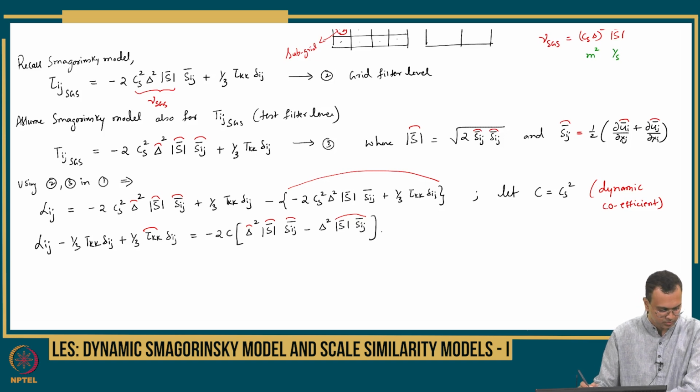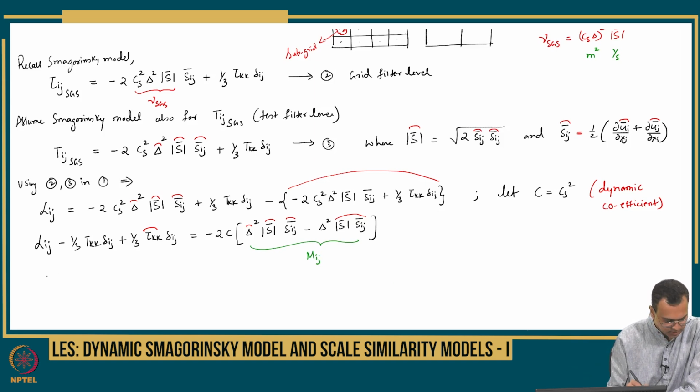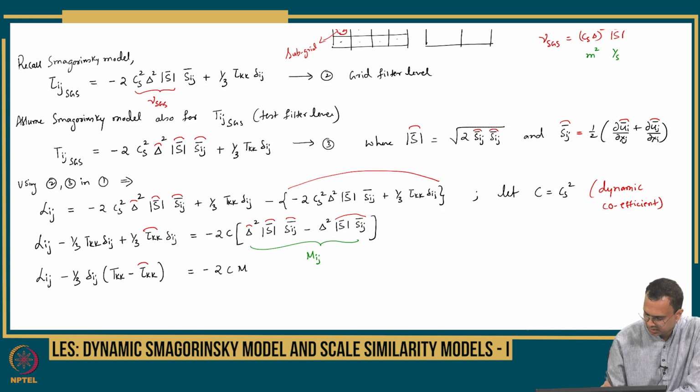Okay, so now I can set this particular term in the square bracket as Mij. So this particular thing I would like to call as Mij. So I can rewrite this as essentially Lij minus 1/3 delta ij of Tkk minus tau kk test filtered, which is equal to minus 2C Mij.